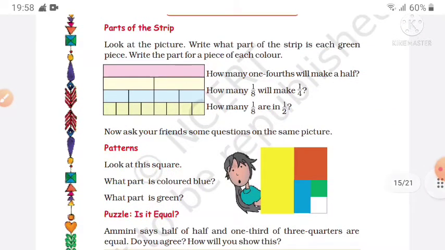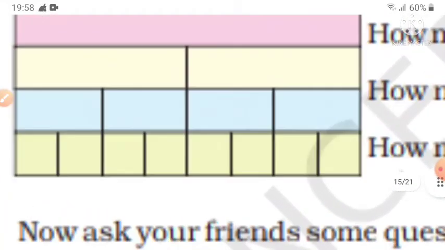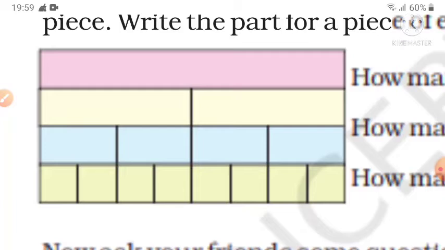Next is parts of the strip. So look at the picture here. Write what part of the strip is each green piece. Write the part of the piece of each color. As you see here, if you enlarge this figure, now you can see this.